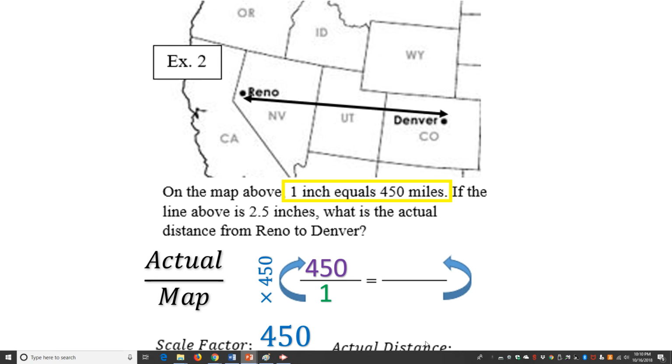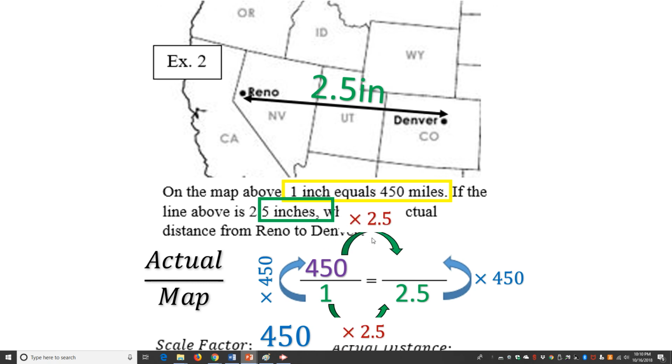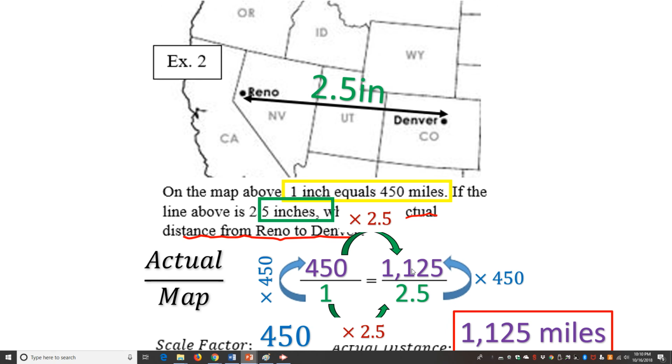And then the actual distance would be the 2.5 inches, 2.5 times 450, or 1 times 2.5 to go here, 450 times 2.5. Regardless, you're going to get your answer of 1,125 miles.